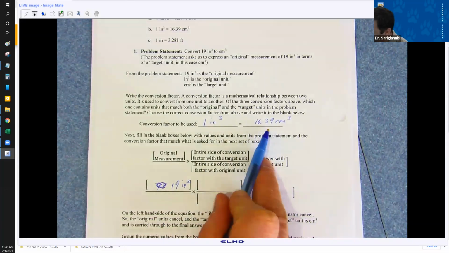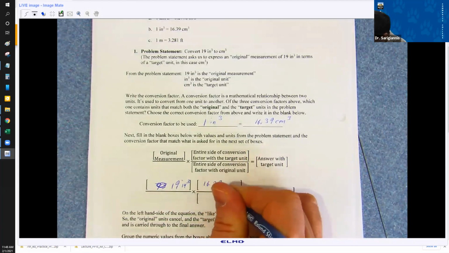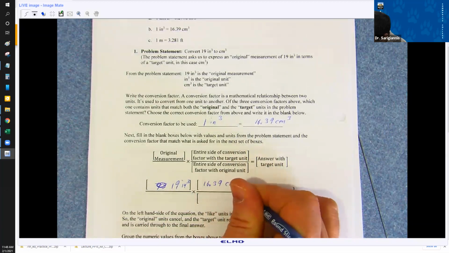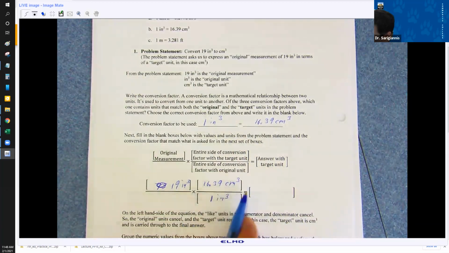And what do we have? We have 16.39 cubic centimeters is the same as 1 cubic inch. This ratio is basically 1. We're saying 16.39 cubic centimeters is identical to 1 cubic inch.